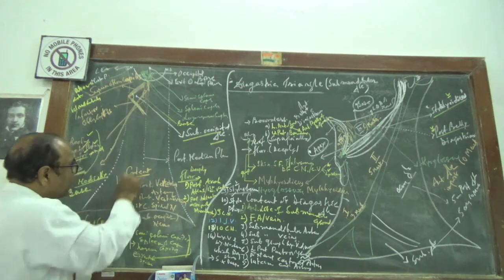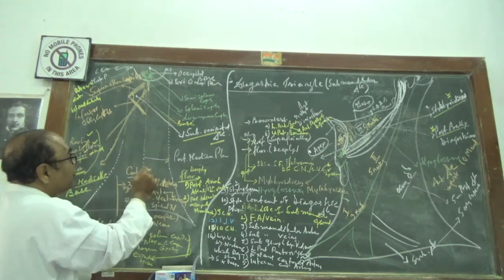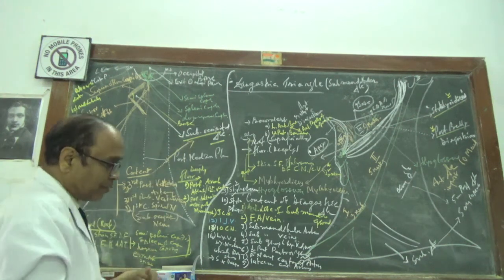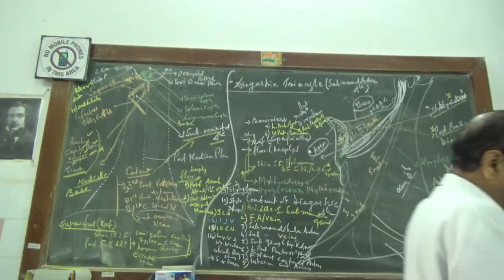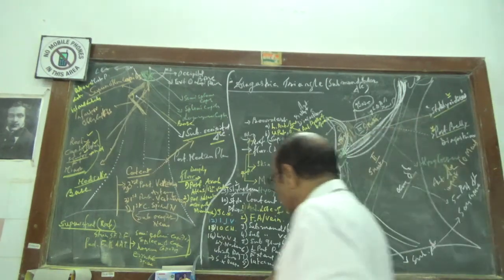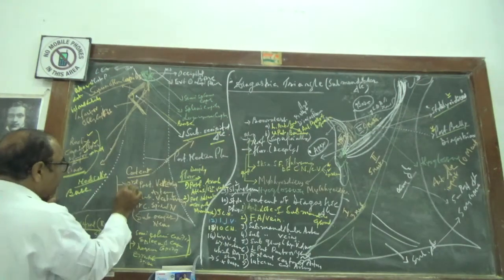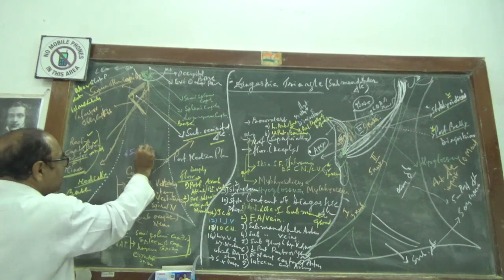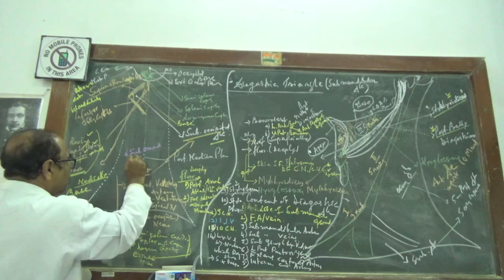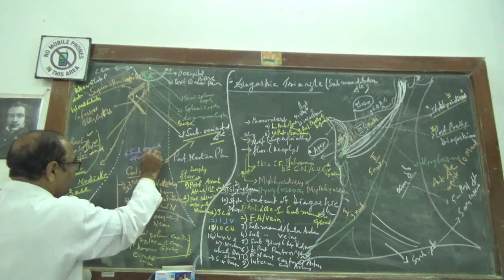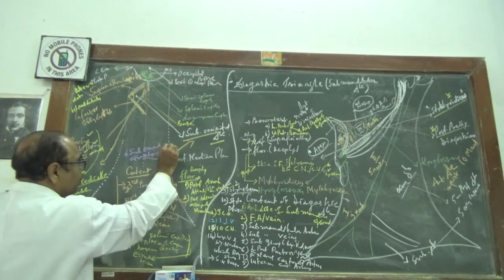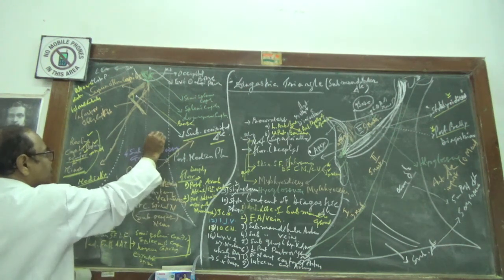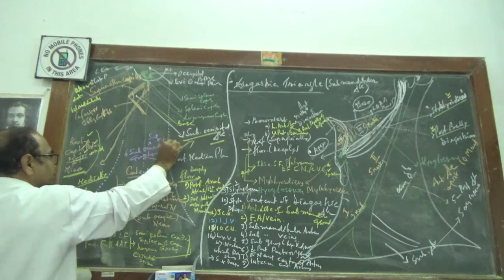So these are the contents of this suboccipital triangle. Other contents are also there. Fourth, the suboccipital group of lymph vessels, superficial and deep.